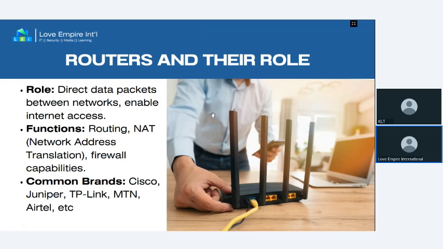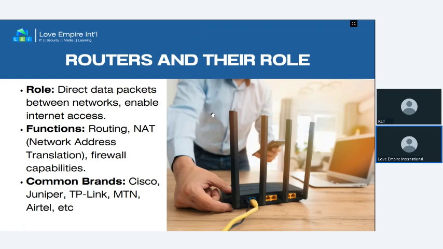When we talk about packets, like I said the last time, we're talking about data, we're talking about information. So the router helps in directing data packets between networks. If you want to send data from one network to another, it is the work of the router to help you and direct that packet to the right person.